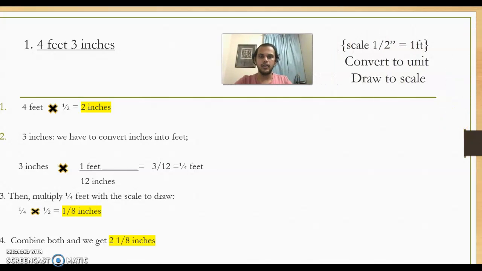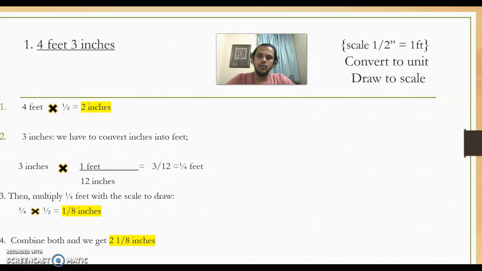Okay, so we have our first part of the equation, which is 4 feet 3 inches. As you can see on the right hand side, I've copied the scale back so that it's a point of reference for us. Now we have two steps that I have mentioned, which are used to convert the part of the equation. The first point is to convert to unit.